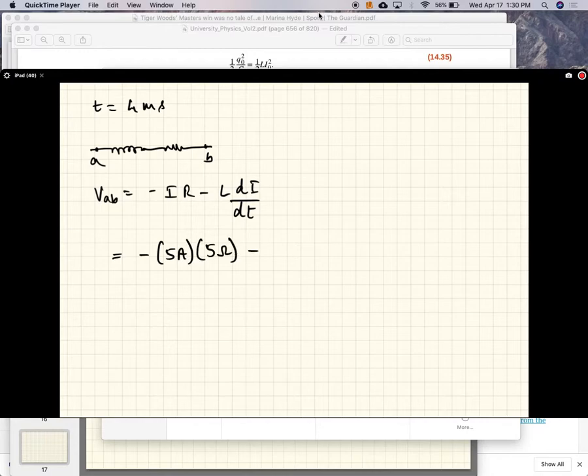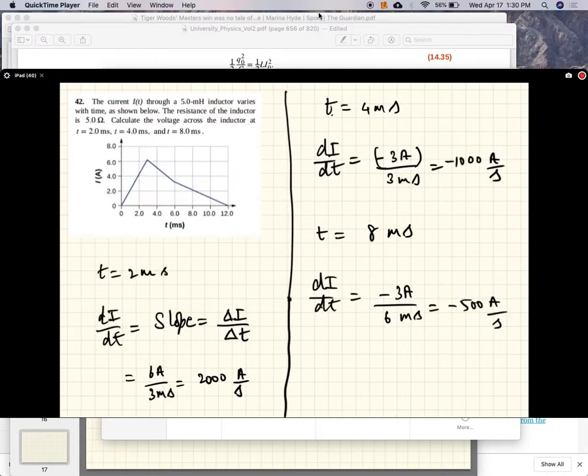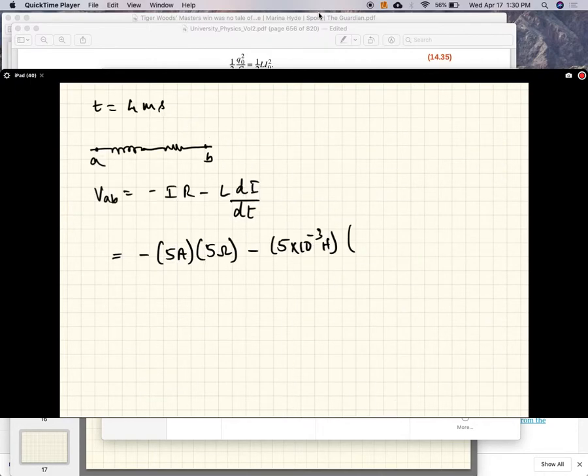Minus L di/dt, 5 millihenries. And di/dt is negative 1000 amps per second. Okay. So at this time, what we are saying is the voltage is in that direction across the inductor. So negative 1000 amps per second.